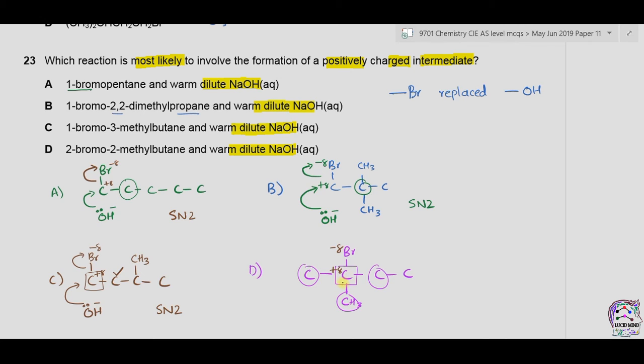Now what happens is that the attack of OH negative on tertiary halogenoalkane is not possible because there is steric hindrance, as there are 3 CH3 groups surrounding this partial positive carbon. So what will happen is that in first step carbocation intermediate is formed and bromine bond will be broken.